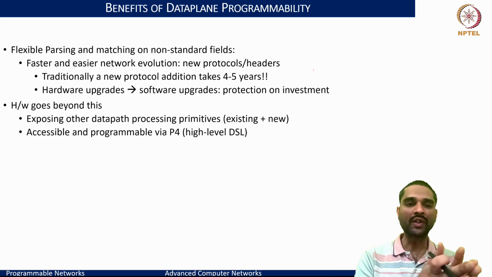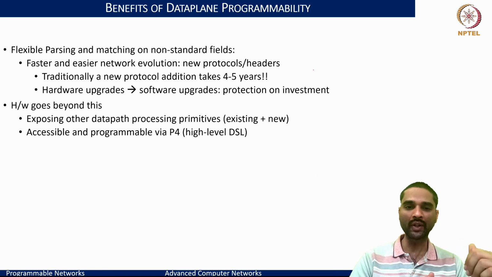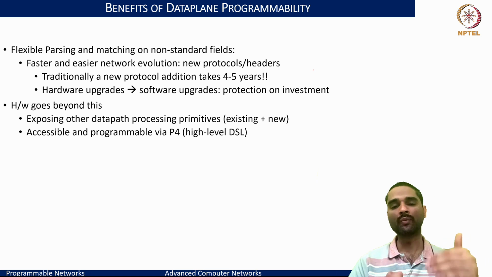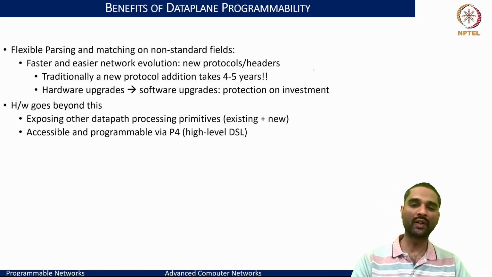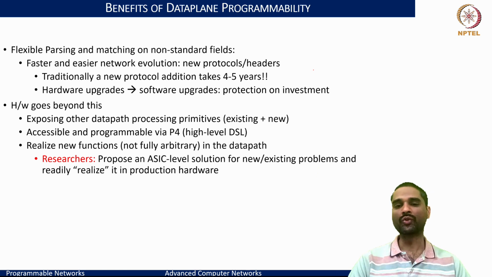And just as a compiler abstracts the high-level language and the target-specific aspects, we want P4 to abstract out the target-specific aspects and present the rich interfaces that a programming language would cater, and meet the target-specific requirements as necessary. And overall, this is how the researchers proposed an ASIC-level solution for new and existing problems, which would enable them to realize it very readily in production hardware.